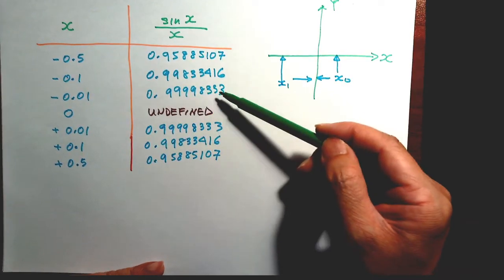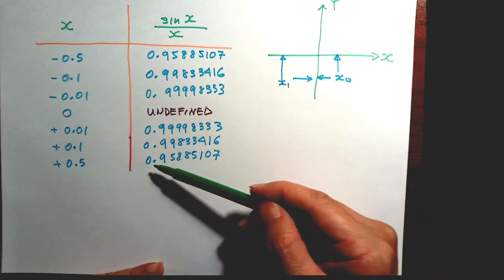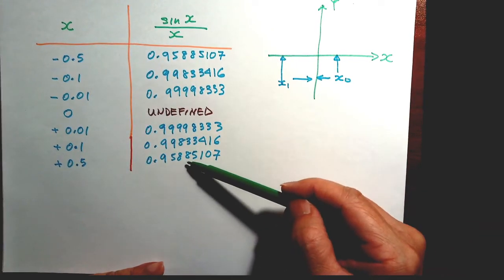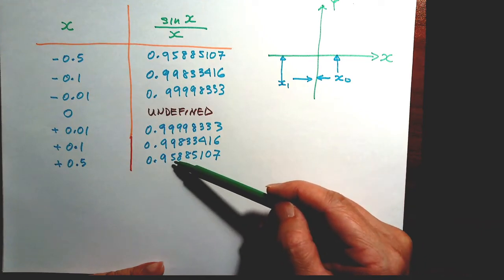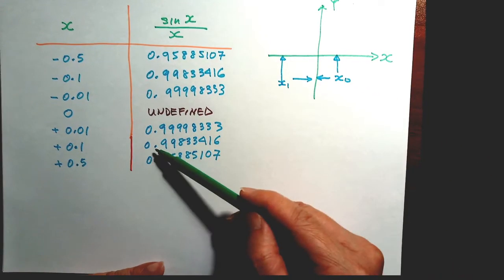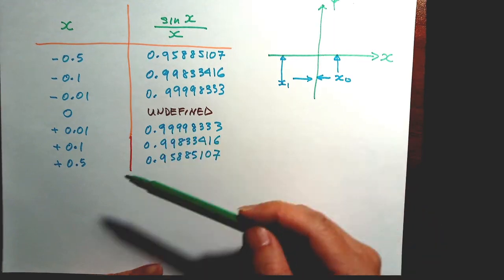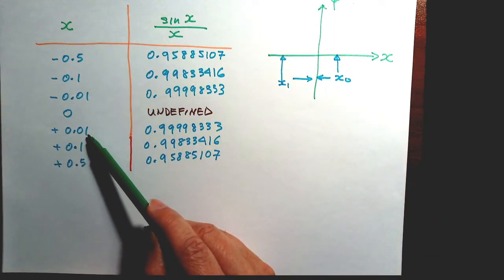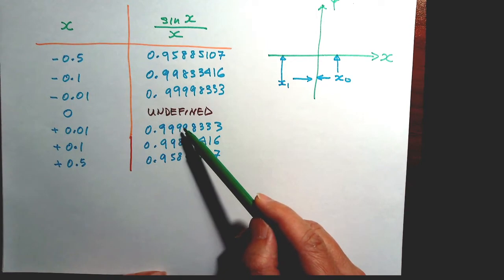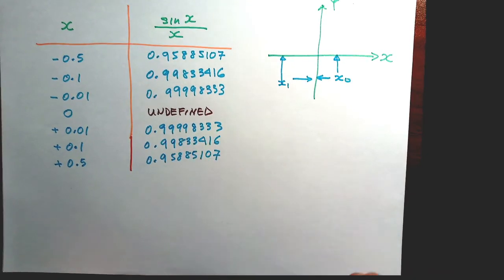Do you see that it approaches a number, and that number seems to be 1? Same here, 0.5. The value of the function is 0.9588, and then the next value as we get closer from the positive side is 0.99833, and then finally 0.9999. If we take an even smaller number like 0.0001, the number of nines would increase in this number.